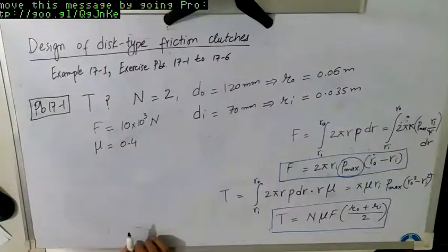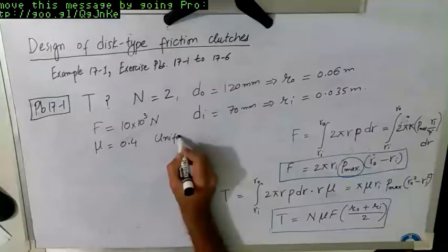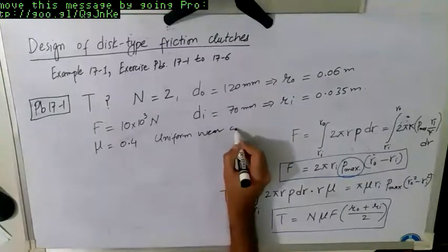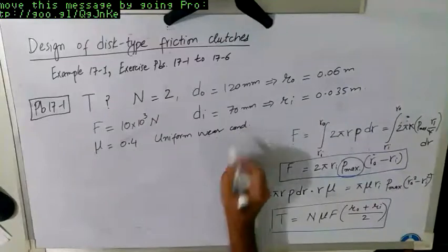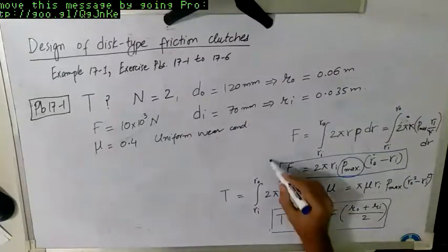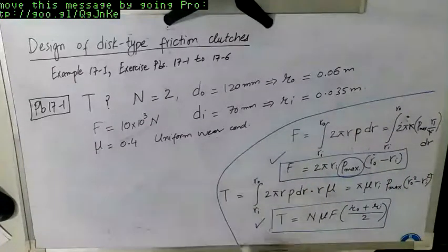And what is next? We have the condition. The condition is given. It is the uniform wear condition. So it means that these formulas that I just derived are applicable in this problem.